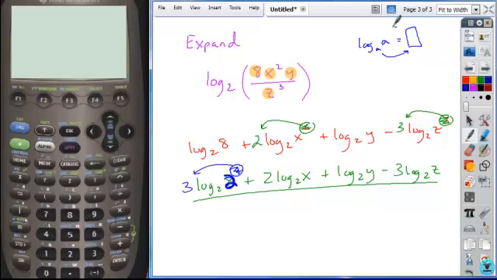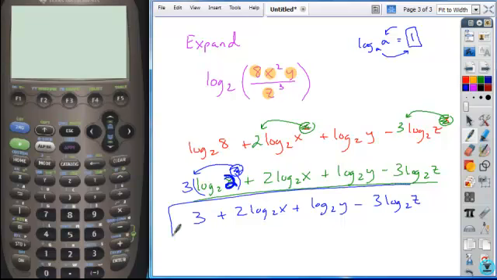A to what power is equal to A? Always a 1. So this whole thing right here has a value of 1. So the overall answer should be 3 plus 2 log base 2 of x plus log base 2 of y minus 3 log base 2 of z. Okay, so this would be the accurate answer, as simplified as possible.